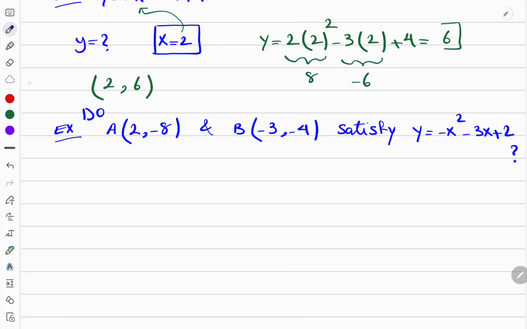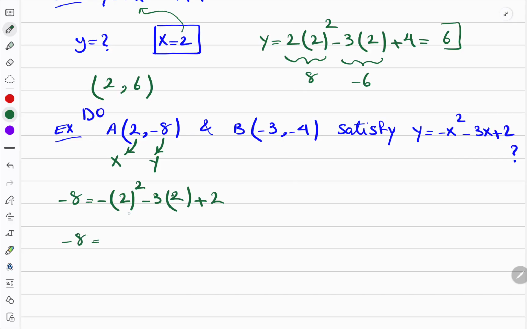We know that the first coordinate is x, the second one is y. So y is negative 8 equals negative x squared minus 3x plus 2, and we check if it works or not.